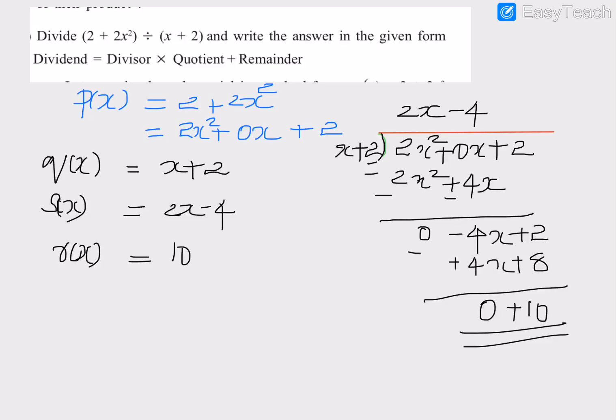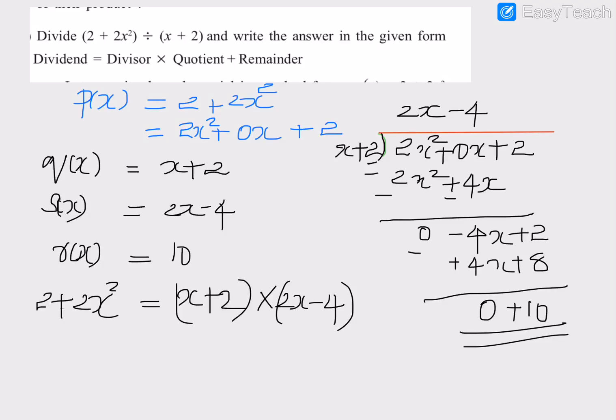So now we can write the dividend 2 plus 2x square as: divisor x plus 2 multiplied with 2x minus 4, and add 10 to that product. We will get 2 plus 2x square.